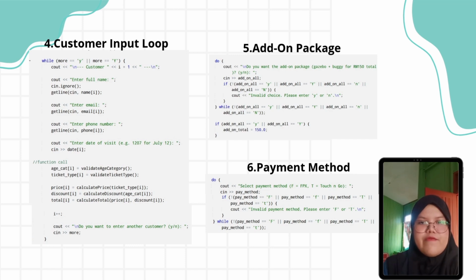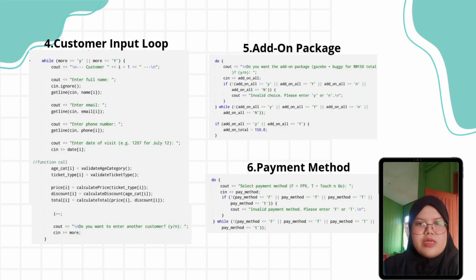For part 5, add-on package. In part 5, we ask the user whether they want to add the gazebo plus buggy package, which costs RM150. If the customer types Y, the add-on total is set to 150.